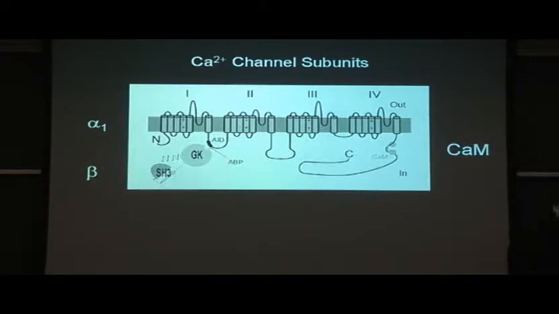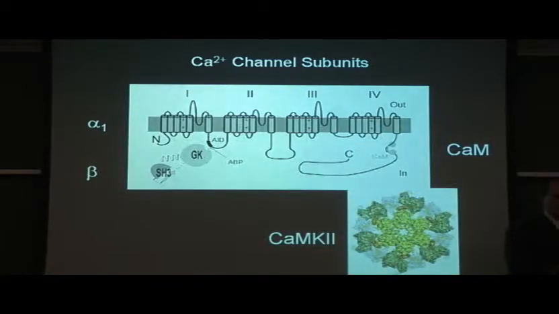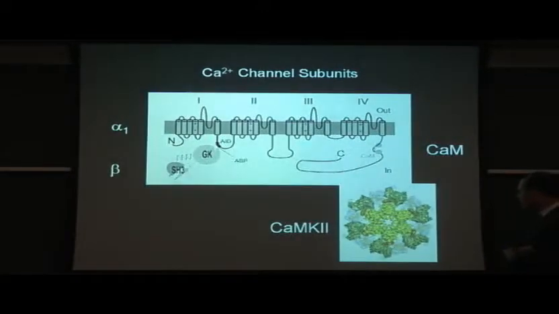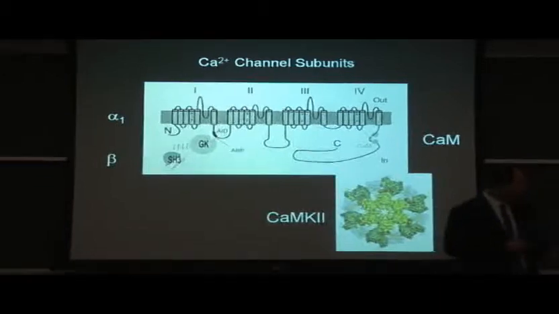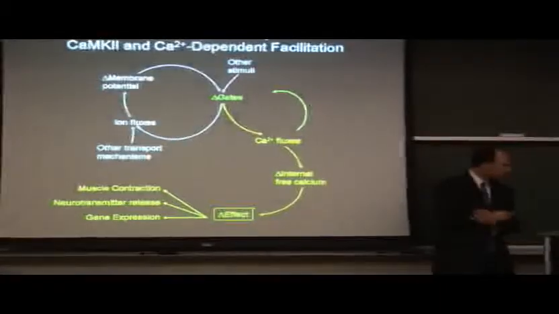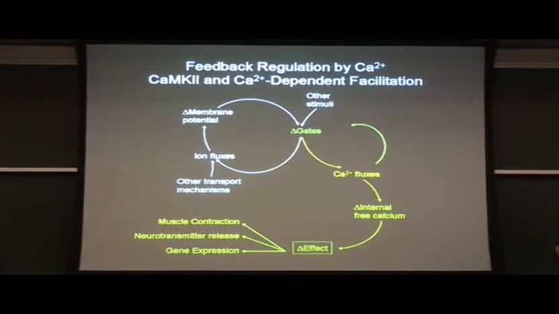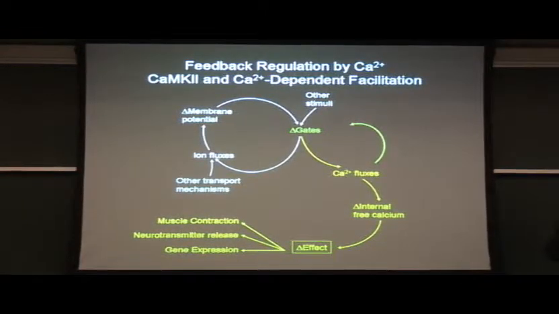But what I want to start talking about today is the role of CAM kinase 2. And as of last month, we now have a crystal structure of the catalytic domain of CAM kinase 2 that's shown here. And so what I'm going to start talking about is something called calcium-dependent facilitation, which is a feed-forward facilitation or increase of calcium influx through the L-type calcium channels.